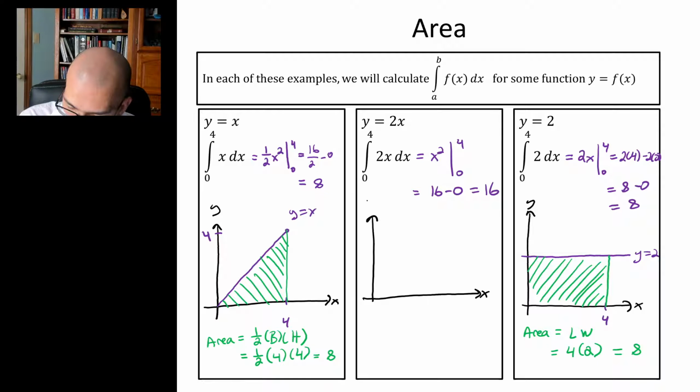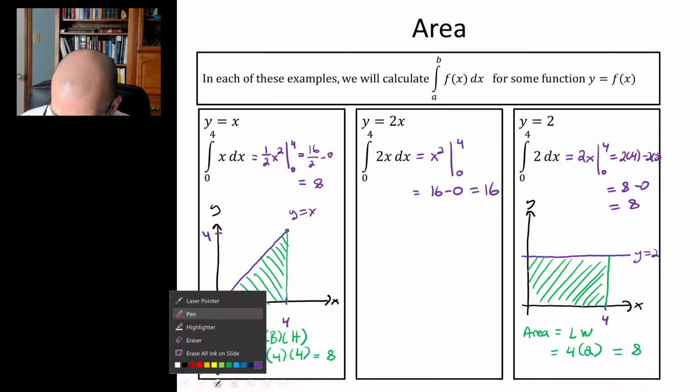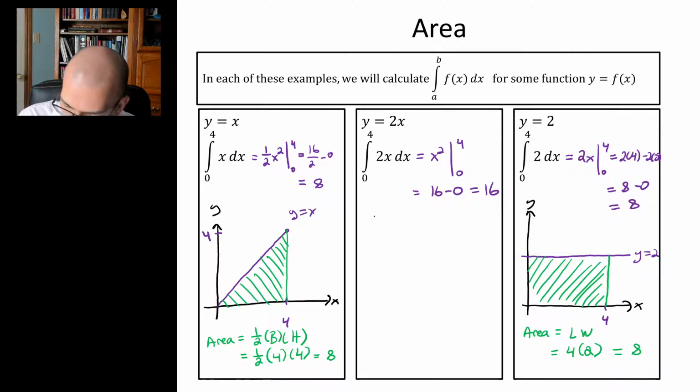And this time we're not going to be able to validate the area geometrically. So y equals, oh wait, yes we will. What am I saying? Y equals 2x, so it's steeper. I'm going to have to draw a little bit differently. Yeah, we can validate this one geometrically. Of course we can. It's a triangle again, just a different triangle.